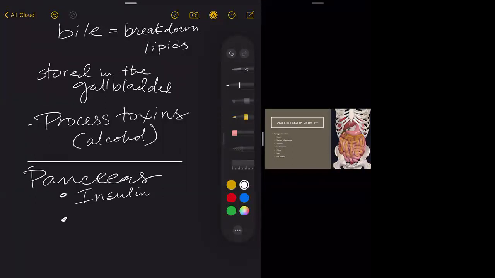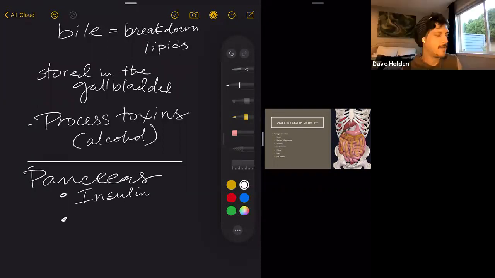Glucagon. Gotcha. And each of those has to do with blood sugar. Insulin lowers the blood sugar, glucagon raises the blood sugar. So we just keep producing both of these so that homeostasis is maintained.